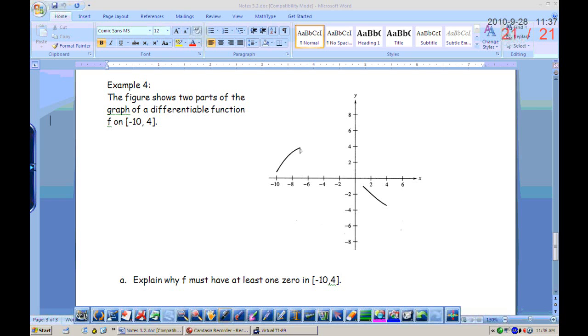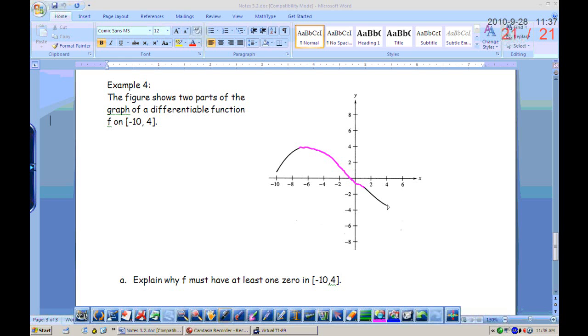So if this function's continuous, at the very least I can connect those two. Now, could I have some squiggly mumbo jumbo going on in there? Absolutely, as long as it's continuous. But at the very least, I've got to be able to just continue that.